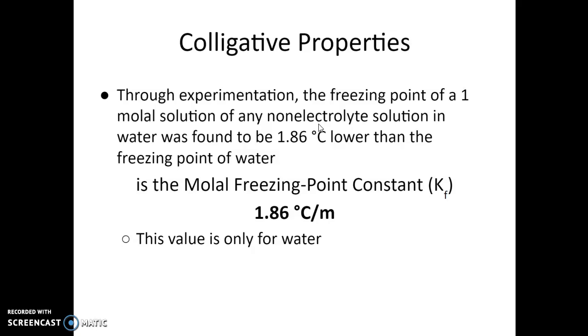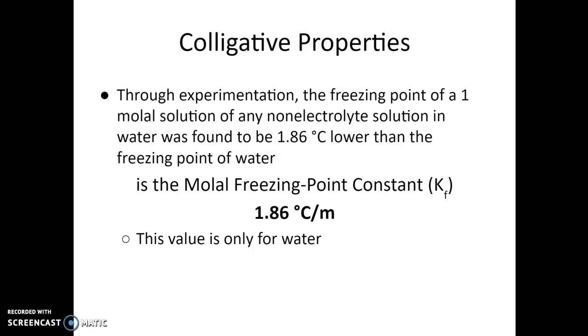Through experimentation, the freezing point of a 1 molal solution of any non-electrolyte solution in water was found to be 1.86 degrees Celsius lower than the freezing point of water.